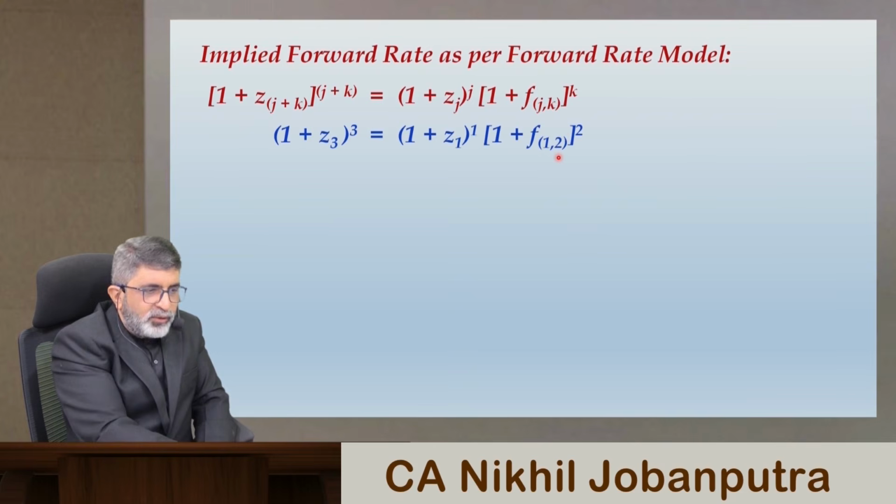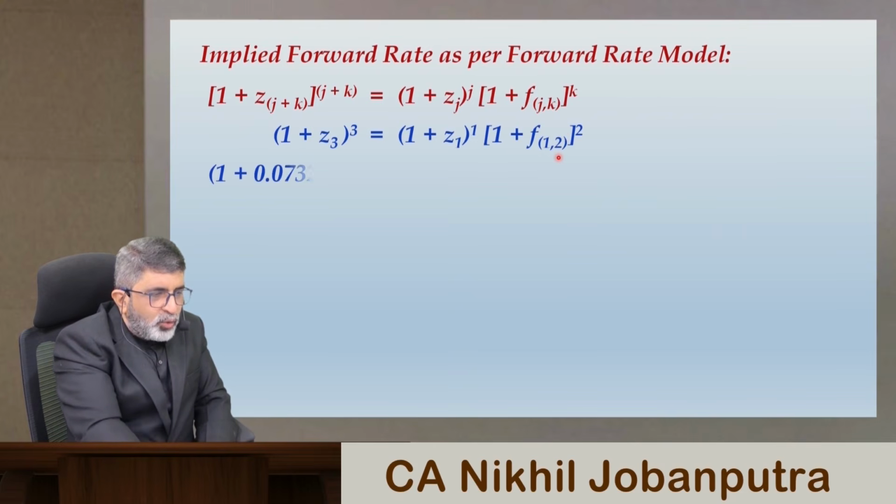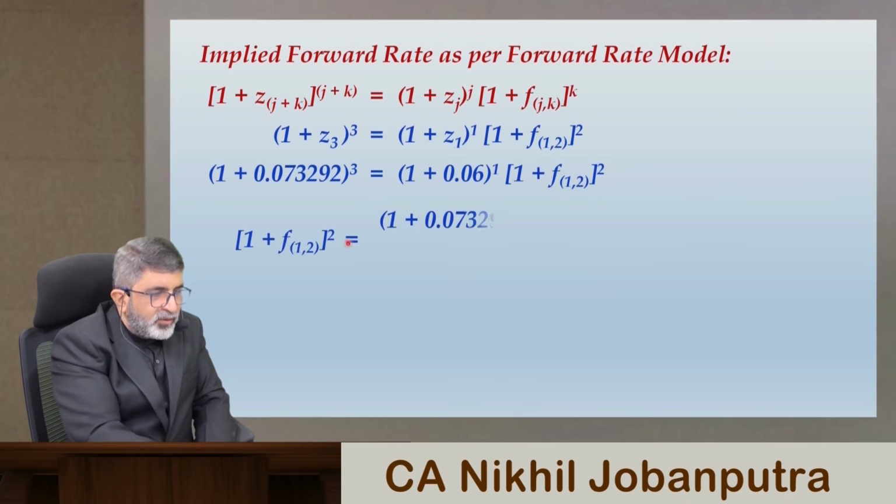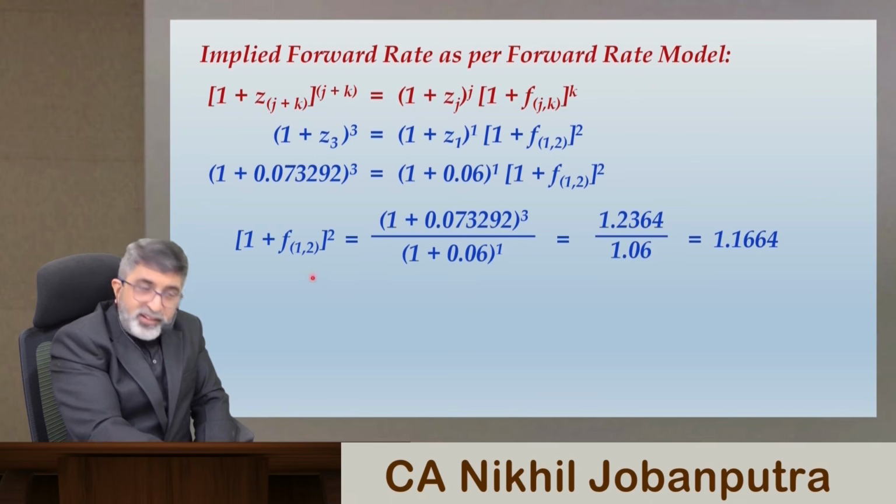So if I substitute all the given values, assuming that Z3 is given to you as 7.3292% and Z1 is given to you as 6%, you need to find F1,2. So basically 1 plus F1,2 raised to 2 will be the factor. So this is the factor for 2 years, 1 plus F1,2 raised to 2.